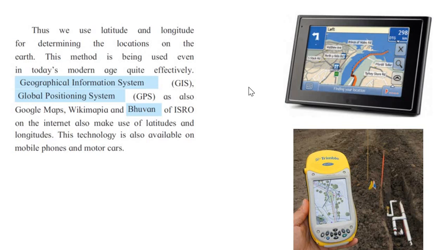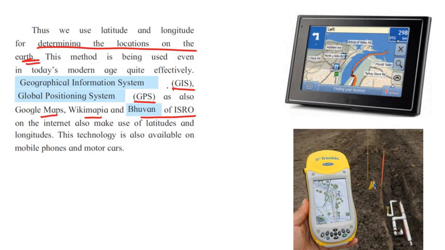Well, we have used basically latitude and longitudes for determining the location on the Earth. Now the method is being used even in today's modern age quite effectively. Say for example, the Geographic Information System, or GIS in short, and the Global Positioning System, GPS, as well as our Google Maps, Wikimapia and Bhuvan of ISRO on the internet, they make use of these latitudes and longitudes to determine the location of places on the earth.